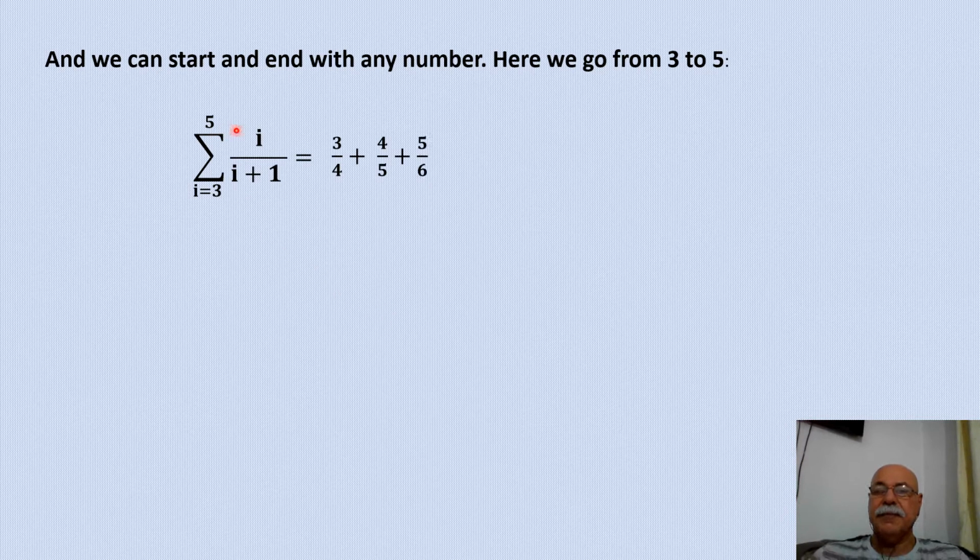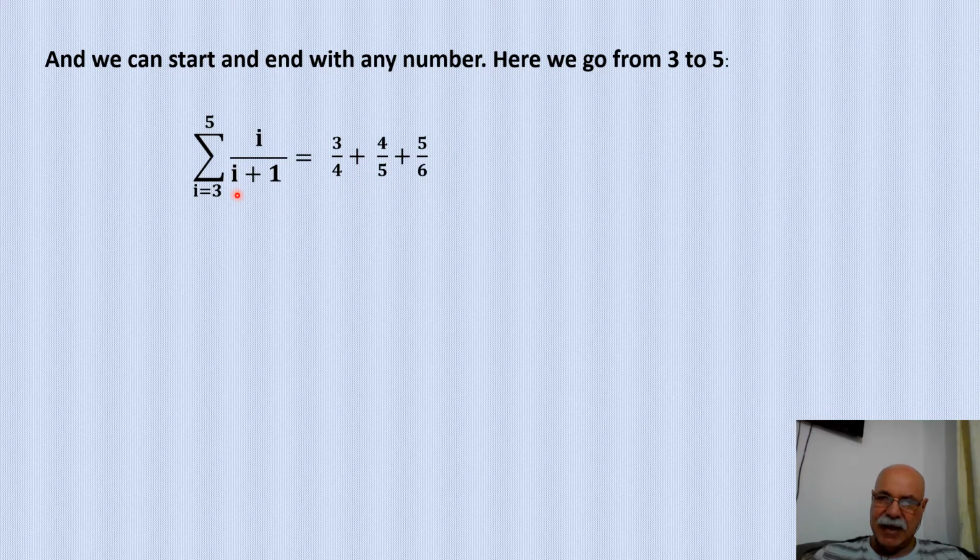You see 3 over 4, plus 4 over 5, plus 5 over 6. How do we get this? From 3 to 4, 4 to 5, 5 to 6. The numerator is 3, 4, 5 and the denominator is 4, 5, 6.